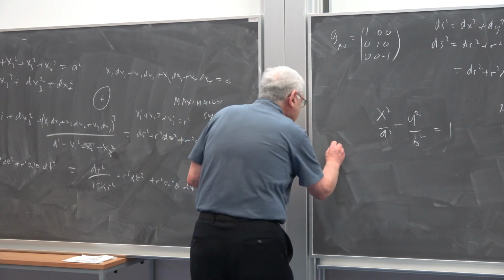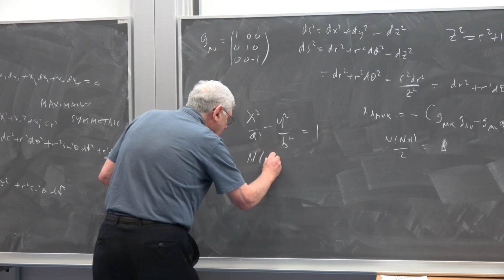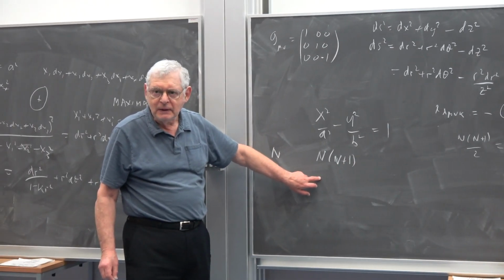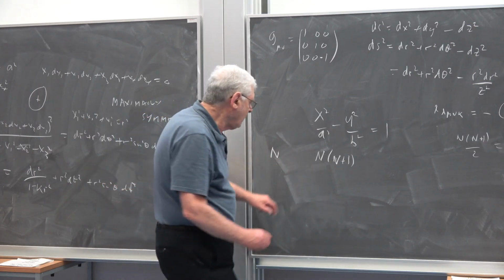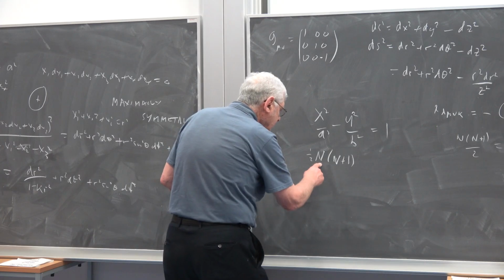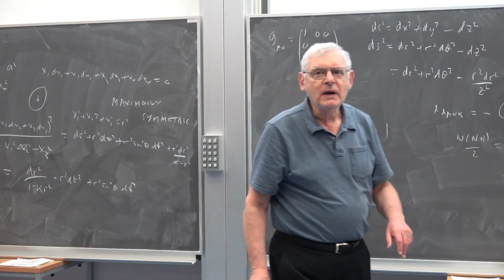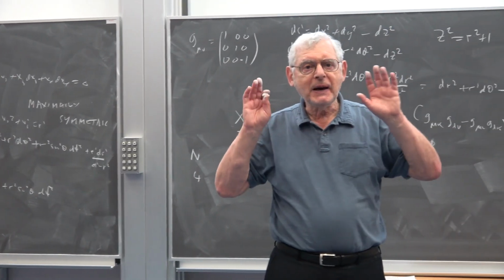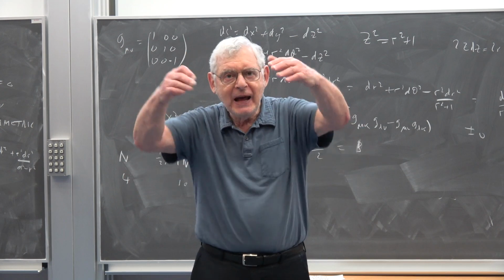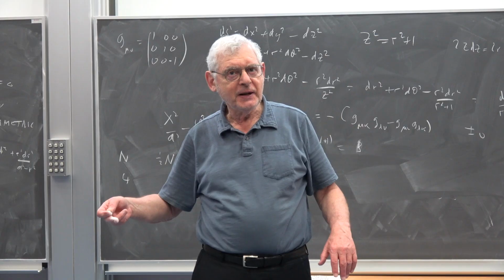If the space is n dimensional, then n plus 1 is the higher space you have to embed in, and it's a half of that. And if that's 4, then this is 4 times 5 over 2 is 10, which means that any 4-dimensional space, it doesn't matter what, you can use any metric you want, you can find a 10-dimensional space which is flat with 6 constraints.